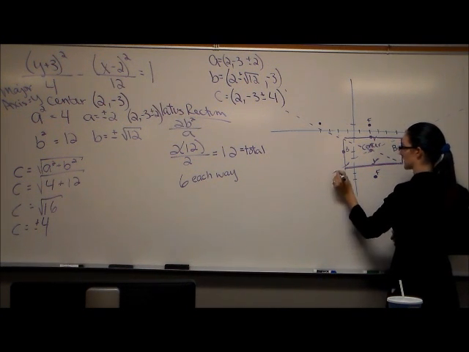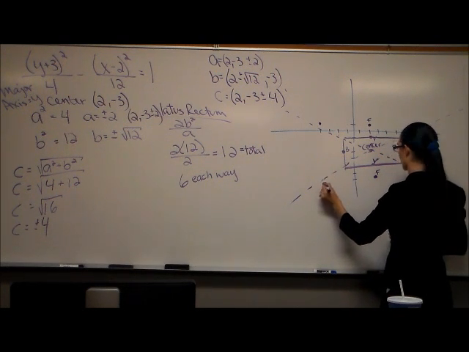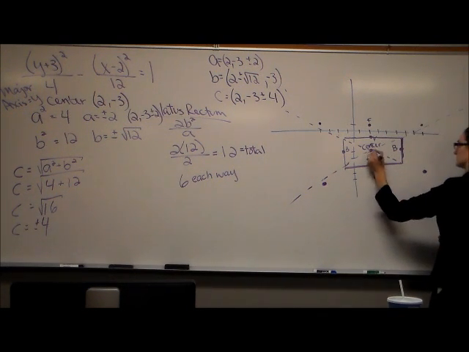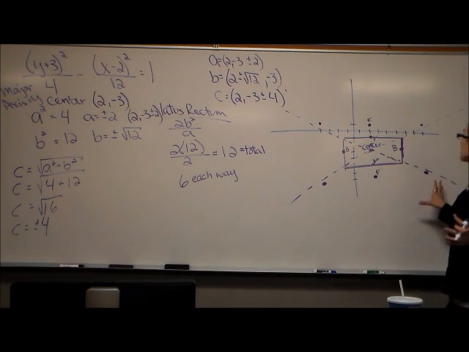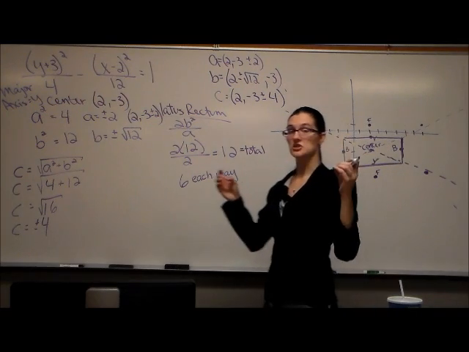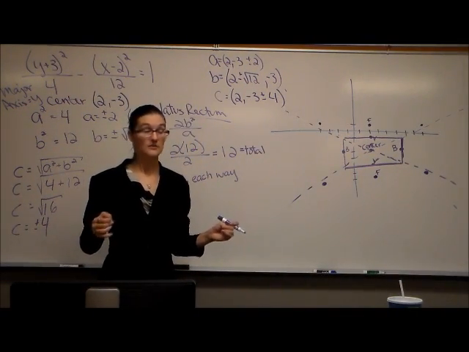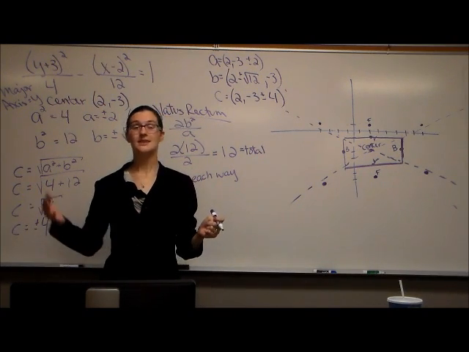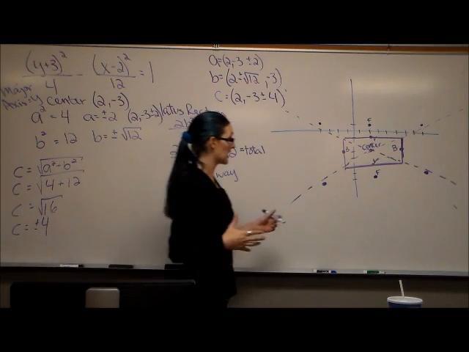I have to recount that one. That one's wrong. This is how you're finding out when things are wrong and when they're right. This one should have been lower. Same as this one, it should have been lower. At 6. Okay. So here, the ends of your lattice rectum are extremely close to your asymptotes. That's okay. If you don't draw your graph carefully, they'll be on the wrong side of your asymptote. So make sure you know what it should look like.